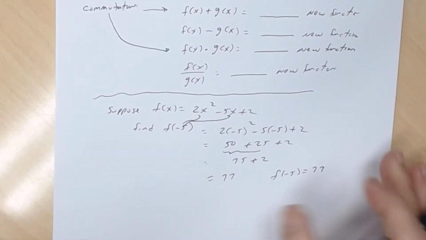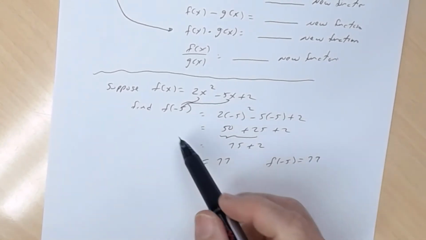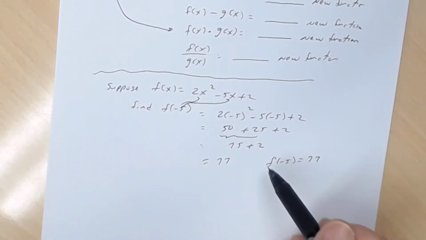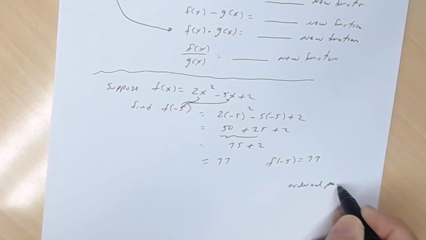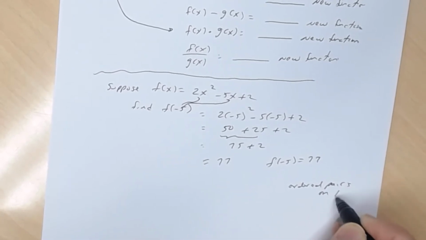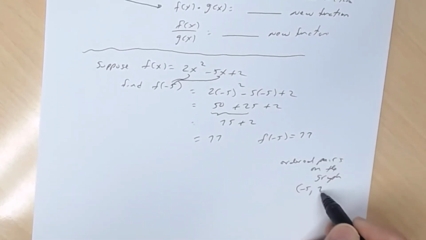Now, one of the things that means is that if you were to graph this quadratic function, you've just found yourself an ordered pair. So one of the ordered pairs on the graph would be, remember, x is negative 5 and my y value is 77.